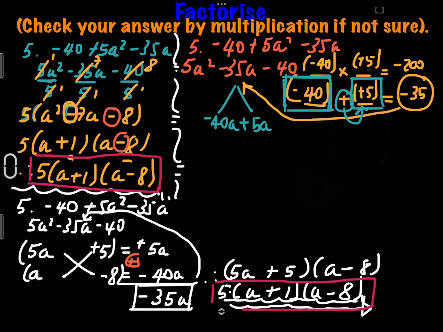All I need to do now is simply drop the constant, which is negative 40, so I have negative 40. And I also drop the leading coefficient. There I have positive 5a squared. Now we're almost done. What I need to do is group them. So I have the first parenthesis and the second parenthesis.